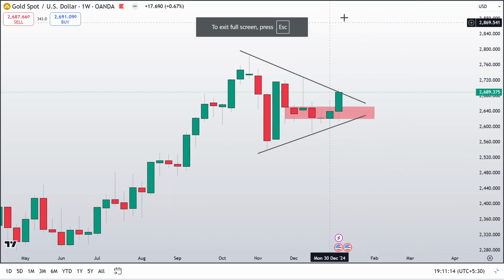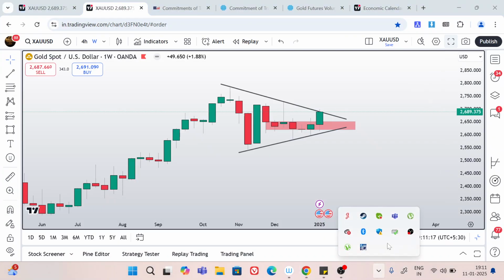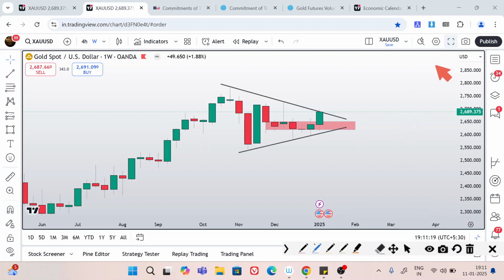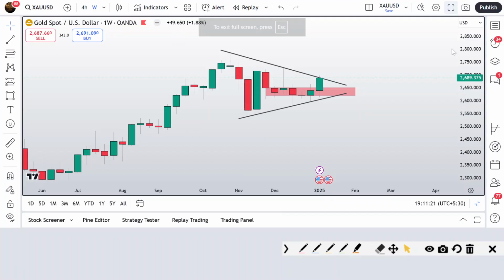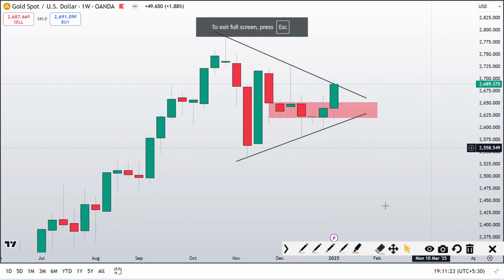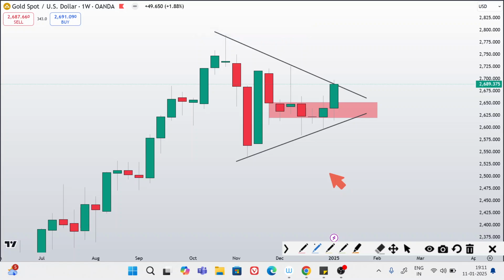If you remember the previous week's analysis, you can see right over here that the price was previously trading inside this range-bound area, but now price is breaking out, or you can say clearly broke out of this consolidation range and is now testing this trend line that we already discussed on the daily time frame. So we have to watch price action over here.